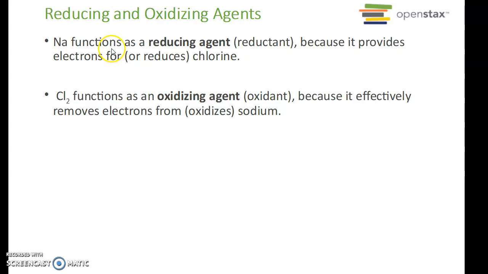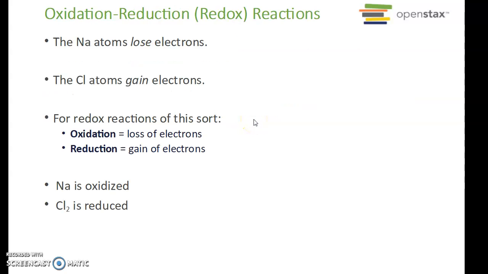So the sodium functions as a reducing agent, okay, because it provides electrons for the chlorine. Chlorine functions as an oxidizing agent because it effectively removes electrons from sodium. So just going back here, sodium is oxidized, chlorine is reduced.